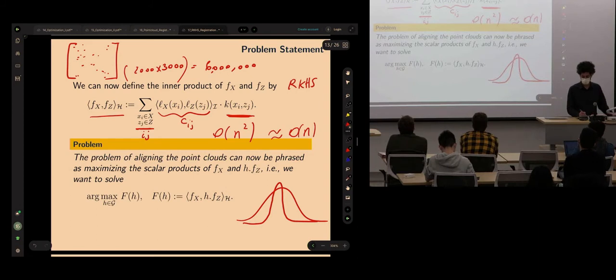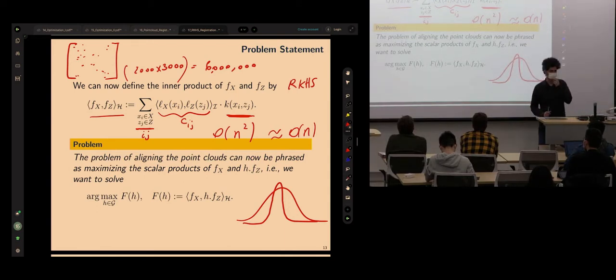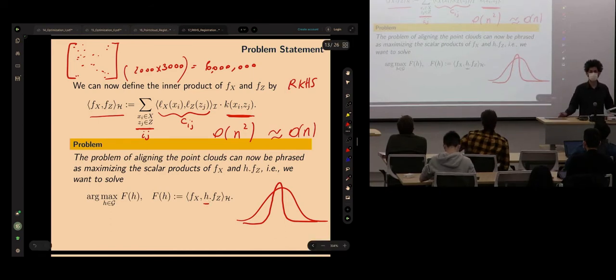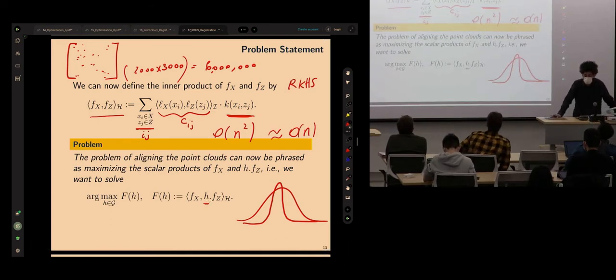So we're ready. We have a metric that measures the alignment of two functions. Let's maximize the dot product or inner product of these two functions when a transformation such as h is aligning them. How this transformation acts on a function, we do not know yet, but it is possible to talk about it like this.